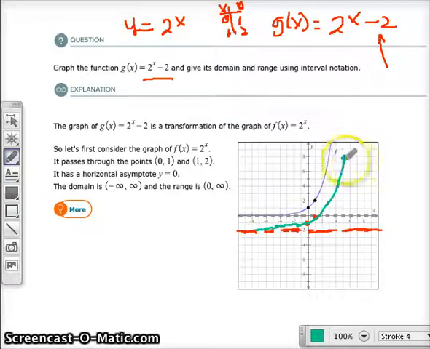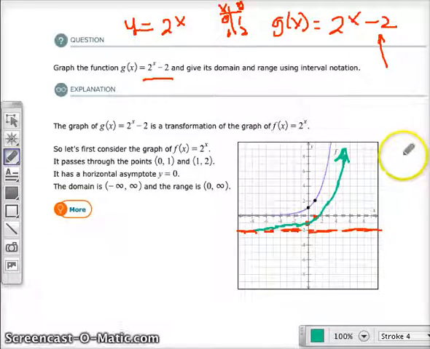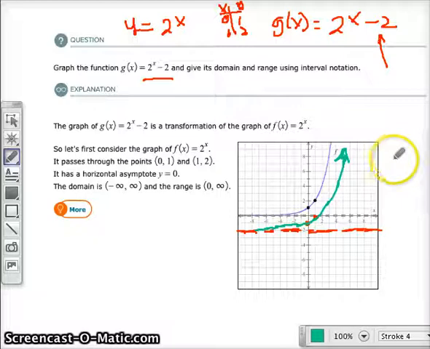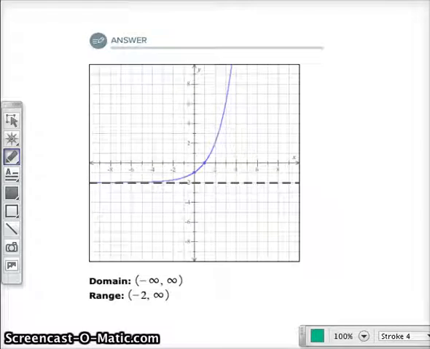Okay, now what's the domain? The domain is all real. And what's the range? Y is greater than negative 2. Okay, and this is the graph answer that they gave, which matches what we just did.